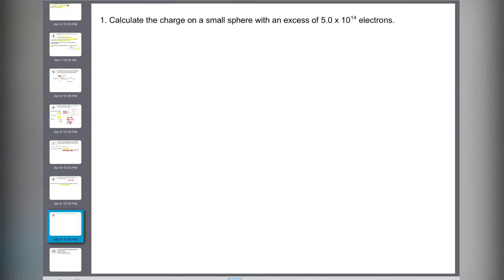Okay, so calculate the charge on a small sphere with an excess of that many electrons. So they wanted to find Q, and they tell you that N, the number of electrons, is 5 times 10 to the 14. And what you need to know is e is 1.602 times 10 to the negative 19 coulombs. So multiply it in.